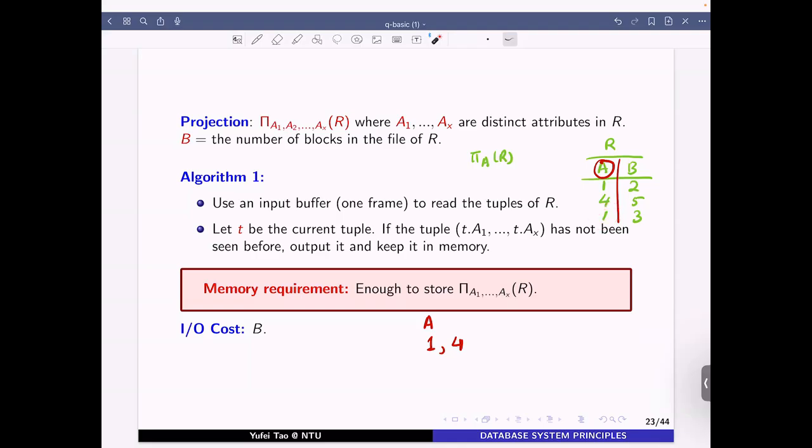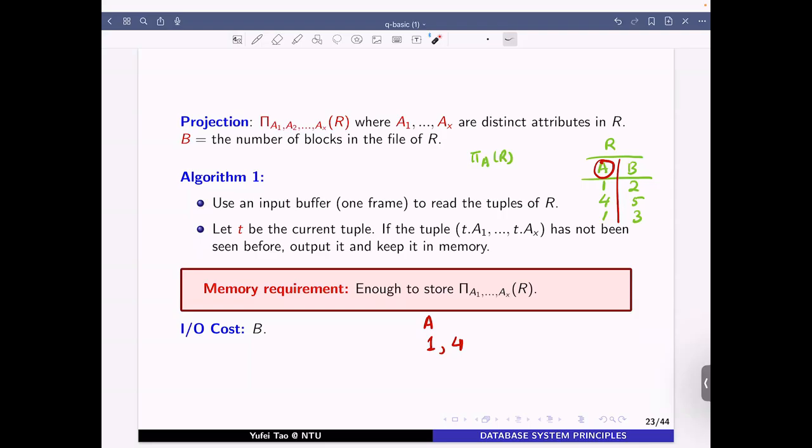So now you can see with 1 scan and keeping all the distinct A values in the main memory, we're able to process this projection operator. This is how the algorithm runs in general. So the description here should make sense to you now.